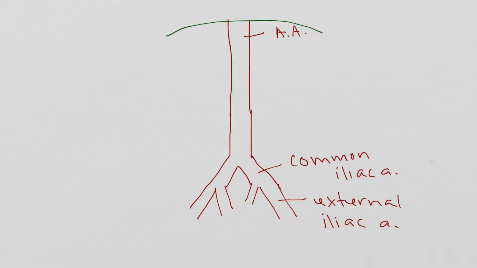The external iliac artery is going to continue down into the lower limb, and it will get renamed there. These other branches that are headed more medially here, these are our internal iliac arteries. These are going to stay within the pelvis.